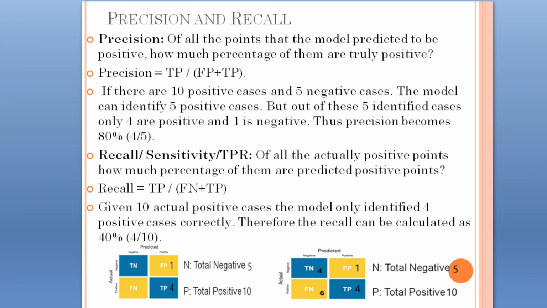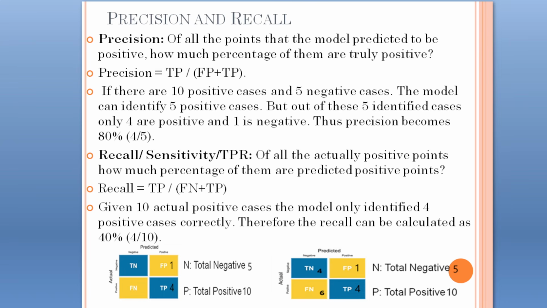Next is recall. Recall is the sensitivity of a classifier. It is the ratio between how much was correctly classified as positive to how much was actually positive. Recall is used when false negatives, or missing a positive case, are highly costly.